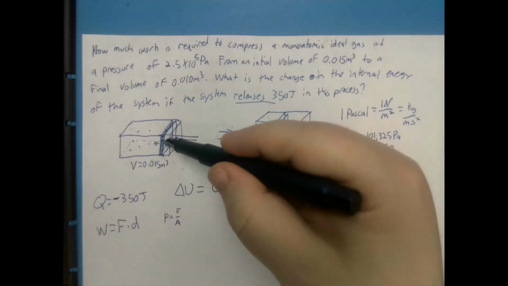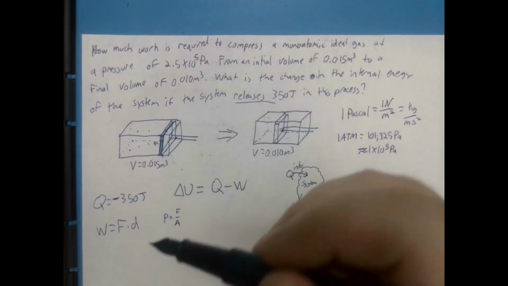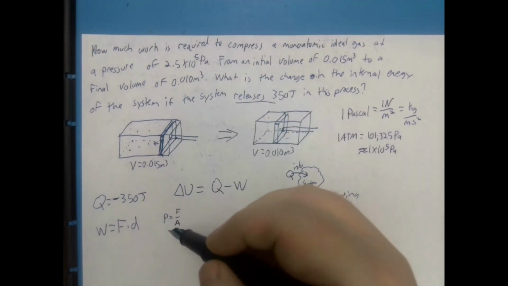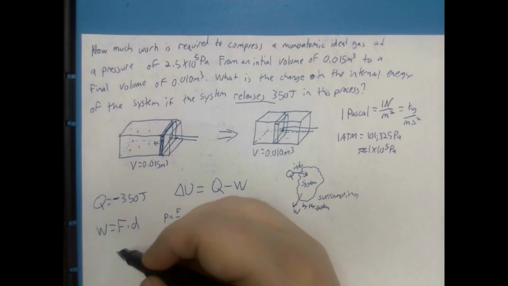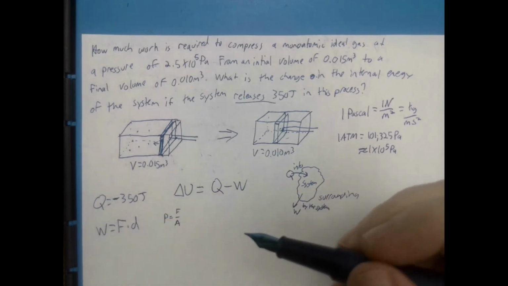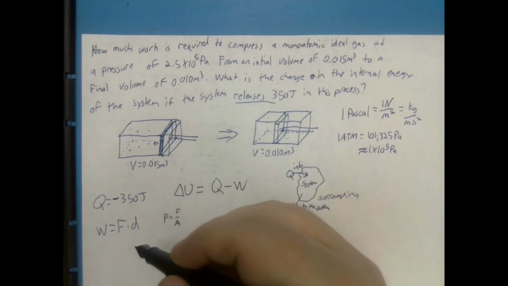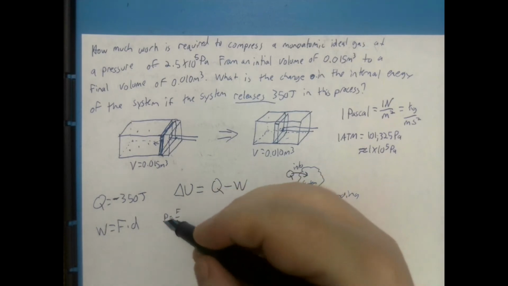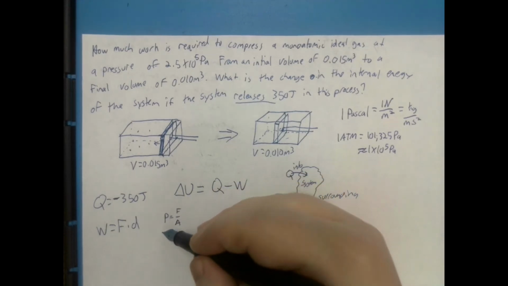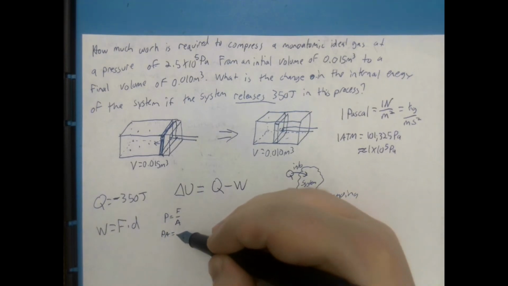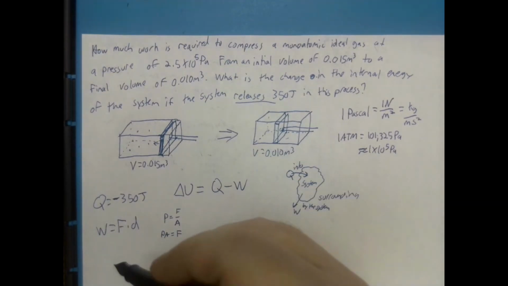So if we look at the area of this piston, if I multiply A to both sides, we get pressure times area is equal to force.